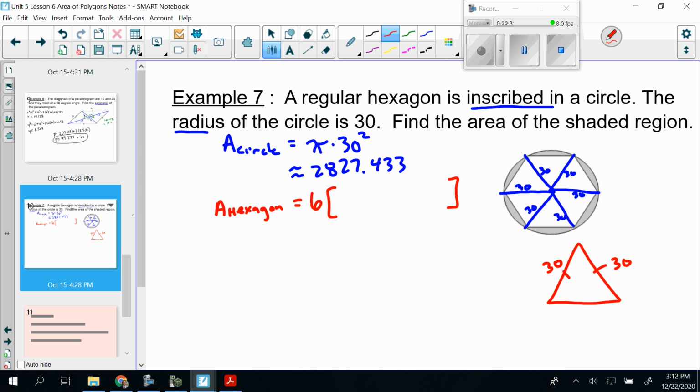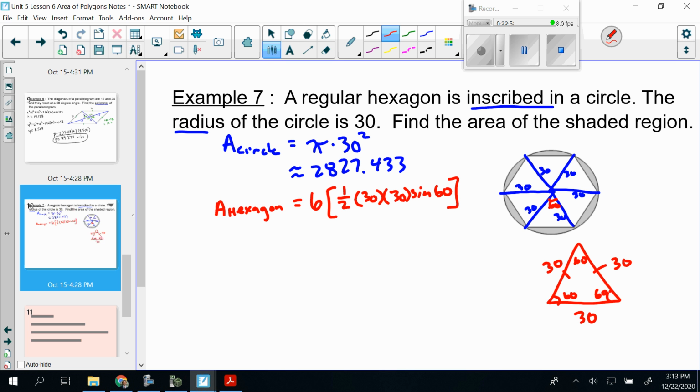We know from previous ones that 360 divided by 6 is going to make that 60. These two angles are also the same though, so that's also 60, meaning this is equilateral. That's also going to be 30 down there. So we can get it using our trig area formula: half of 30 times 30 times sine 60.